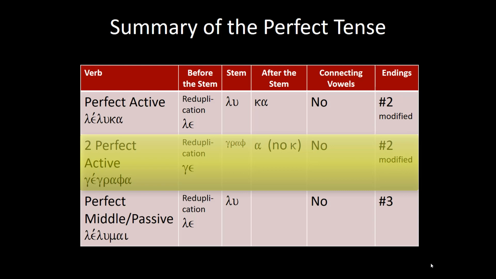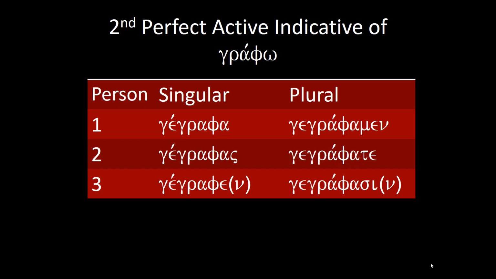There's a second perfect. Really all that's different here is there's no kappa in the kappa alpha. So instead of reduplication kappa alpha, we just have reduplication alpha. But we still have reduplication, so that's a pretty big key. So here's the second perfect of grapho: gegrapha, gegrapas, gegrape, gegrapamen, gegrapate, gegrapasi.